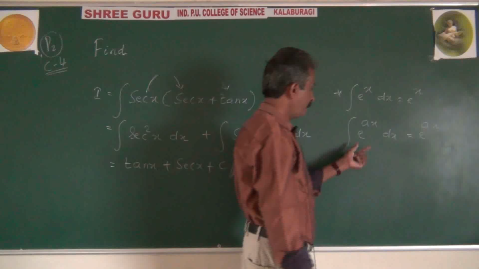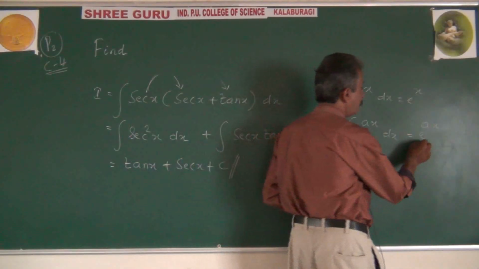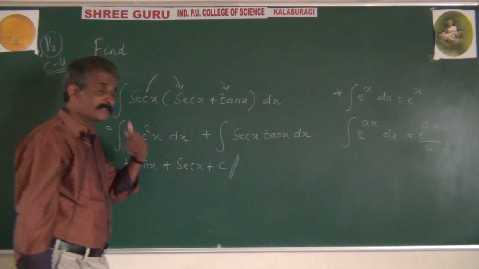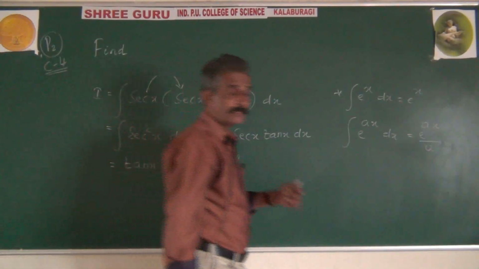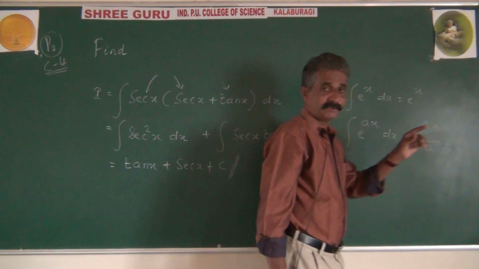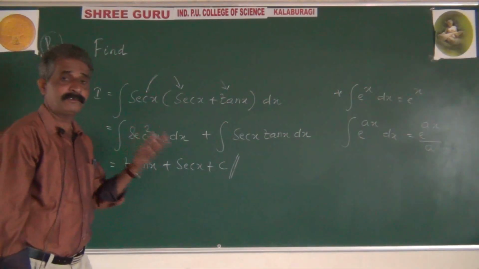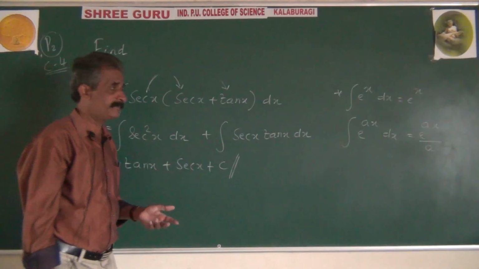We have to divide because we are with integration, divide by a compulsorily. If it were concerned with differentiation, then what will be the answer? a into e power x. In differentiation, multiply. In integration, divide by that existing coefficient.